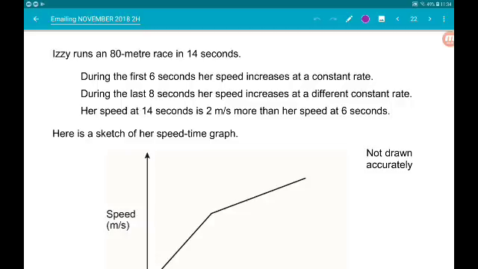During the first 6 seconds, her speed increases at a constant rate. During the last 8 seconds, her speed increases at a different constant rate. Her speed at 14 seconds is 2 meters per second more than her speed at 6 seconds. Here is a sketch of her speed time graph.